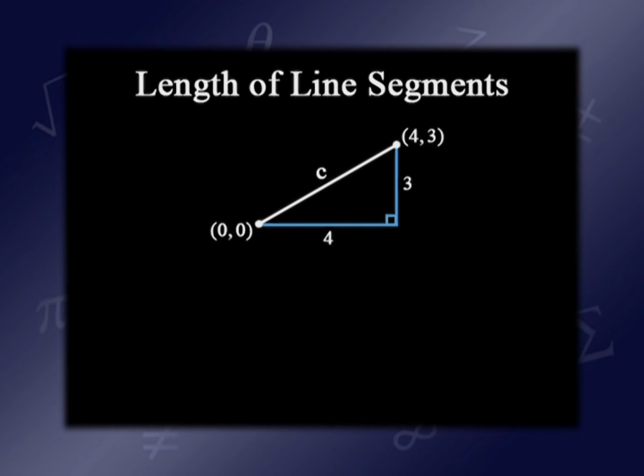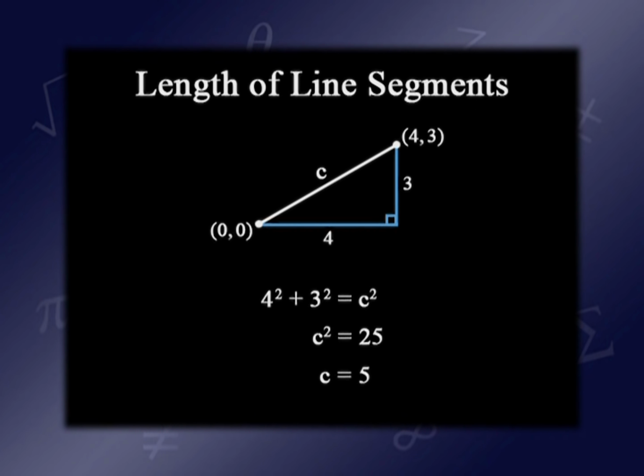Let's call that length C. Well, if you draw a right triangle that starts at 0, 0 and ends at 4, 3, then Pythagoras will tell you that the length of that line segment will satisfy the Pythagorean theorem. 4 squared plus 3 squared will be C squared. And since C squared has to be 25, then the length of that line has to be 5.